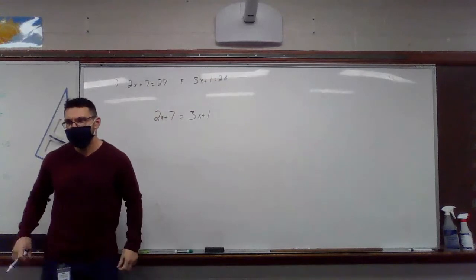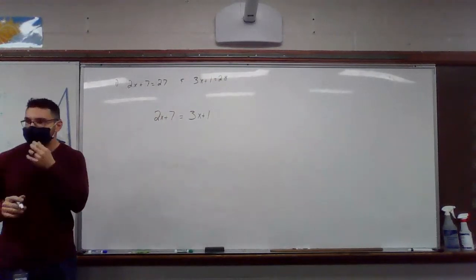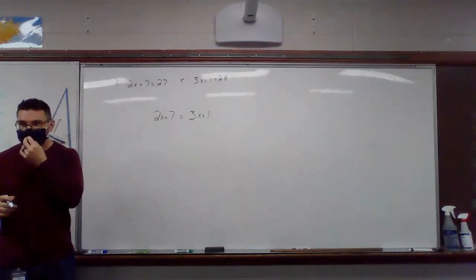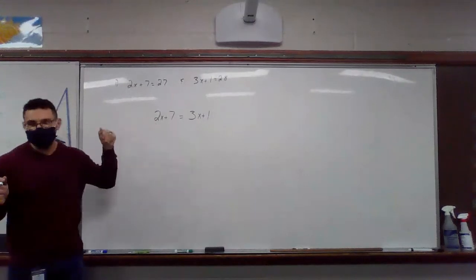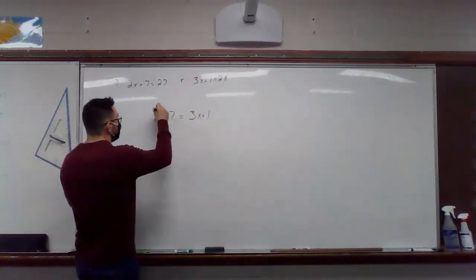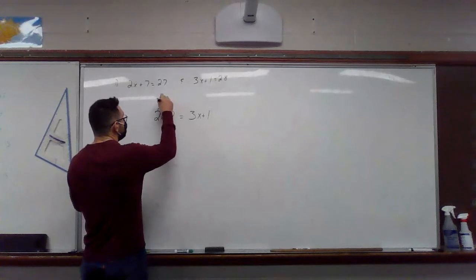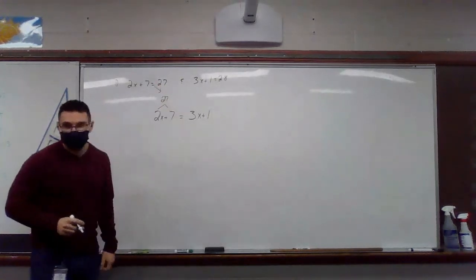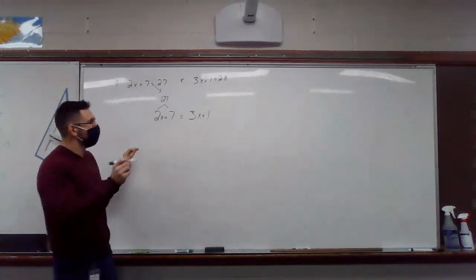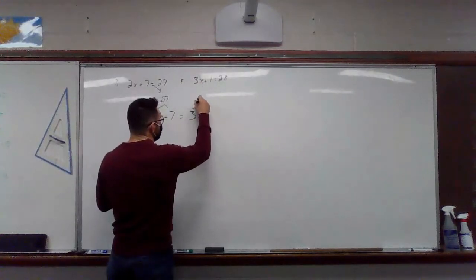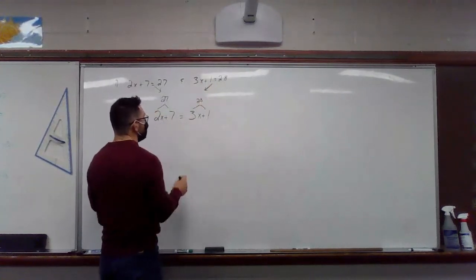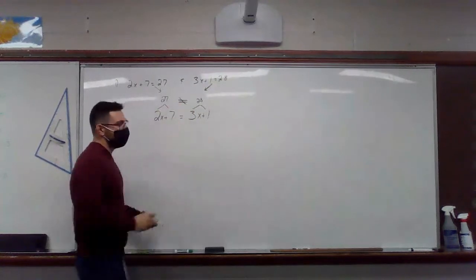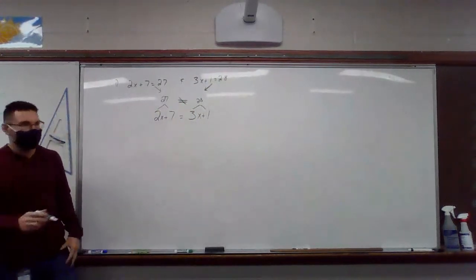Stephen? Okay, you're saying no. Why? Because they don't equal the same. Okay, so what is 2x plus 7? 27. So you're telling me all of this is 27 because of this. Okay, what is this? 28. All of this is 28 because here, 27 is not equal to 28.